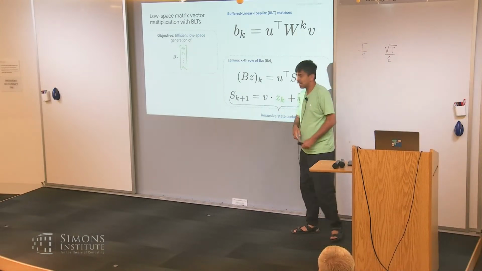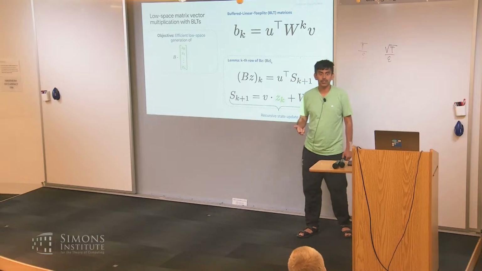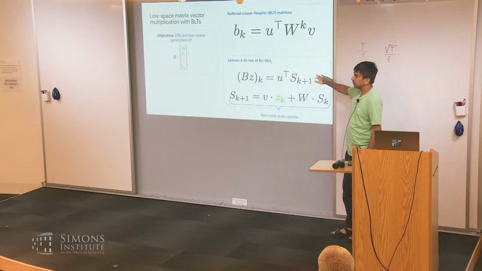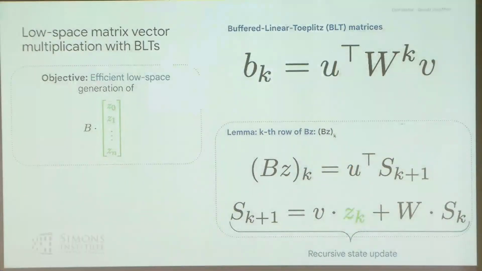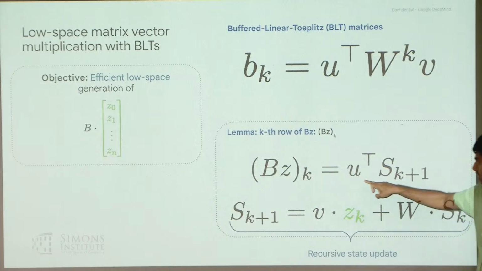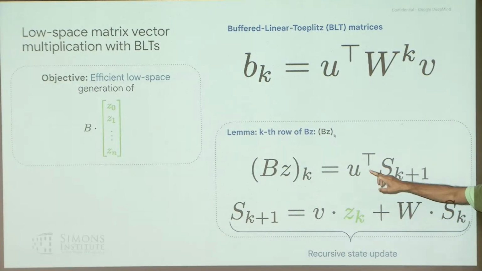This thing can be written as a constant recurrence sequence, and this is a well-studied object. These are the tools we'll start slowly using. So with the constant recurrence sequence, the kth entry of B times z is U transpose times s_(k+1), where s is a state.